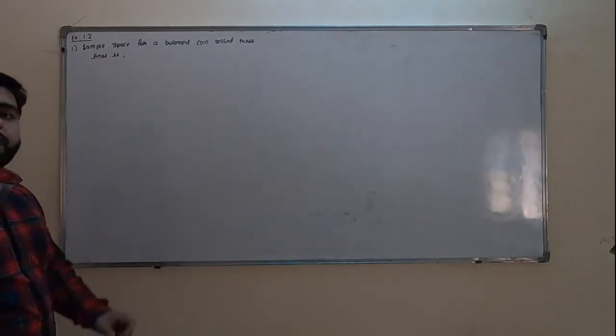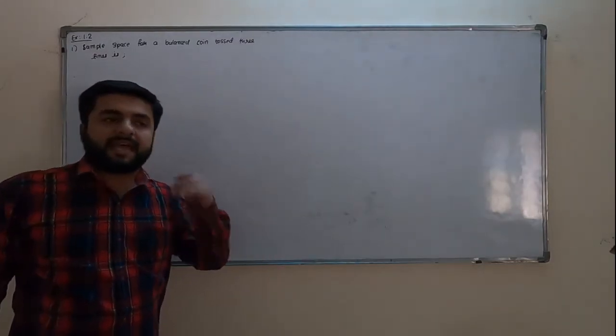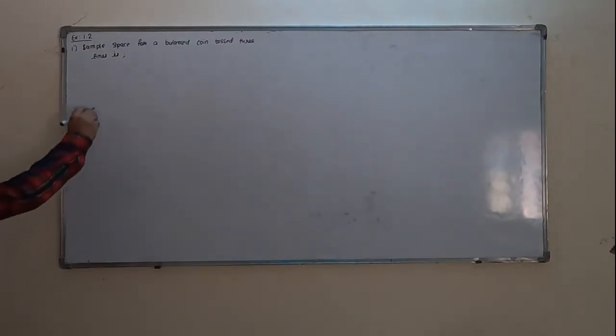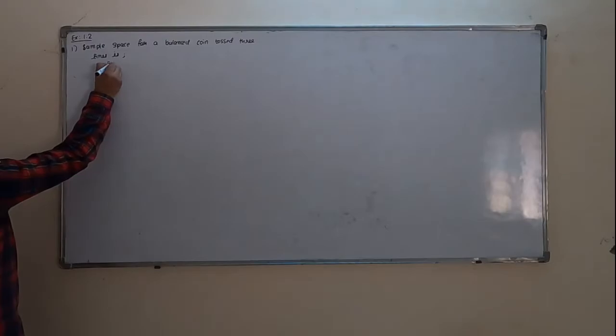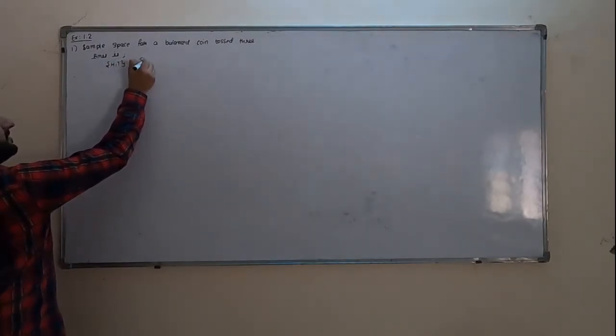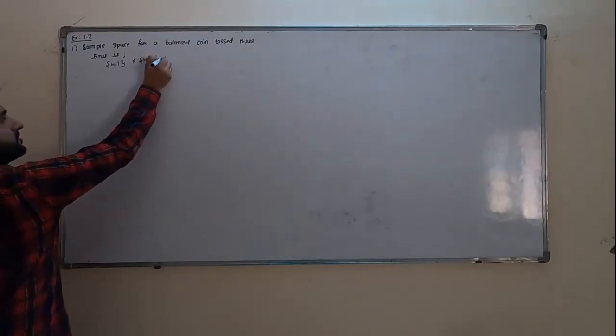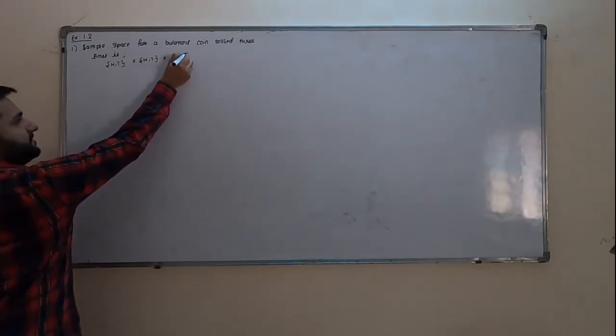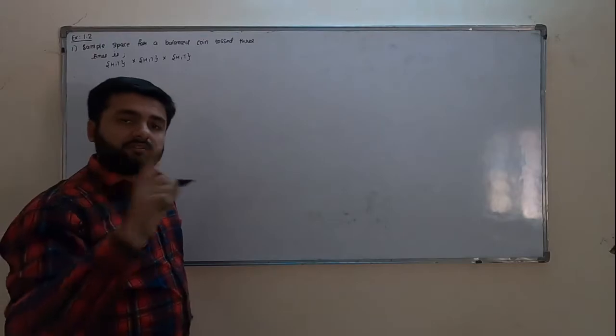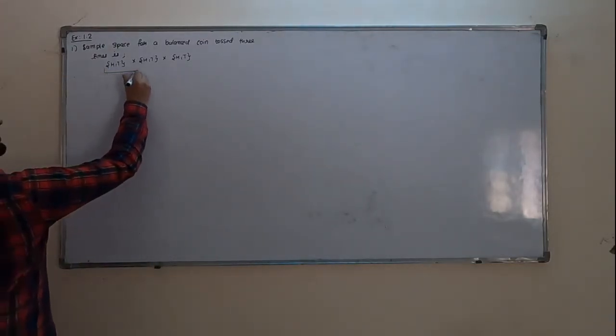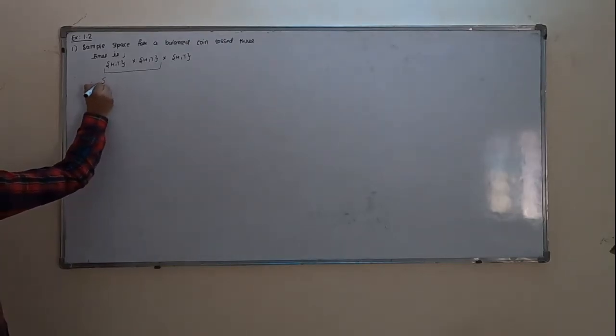Now friends, if you don't know how to write the sample space, I will guide you. See, when there is only one coin, then head and tail. When there are 3 coins, or a coin is tossed 3 times, one coin 3 times or 3 coins 1 time is the same. Now how to write it? First write only this much part.